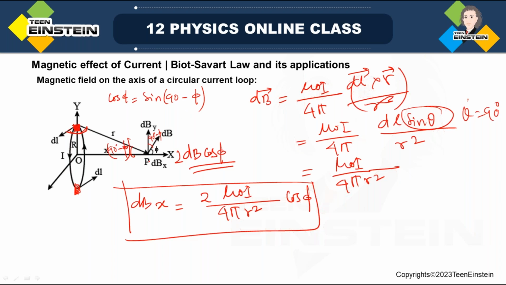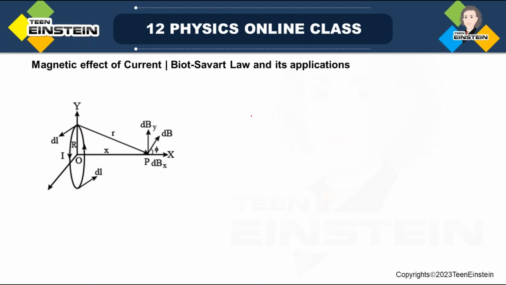So sine of 90 minus phi, sine means perpendicular by hypotenuse. Okay, r by r. So this small r can be written again. Let us first write cos phi, how much. For the time being, let us take a single element, cos phi.